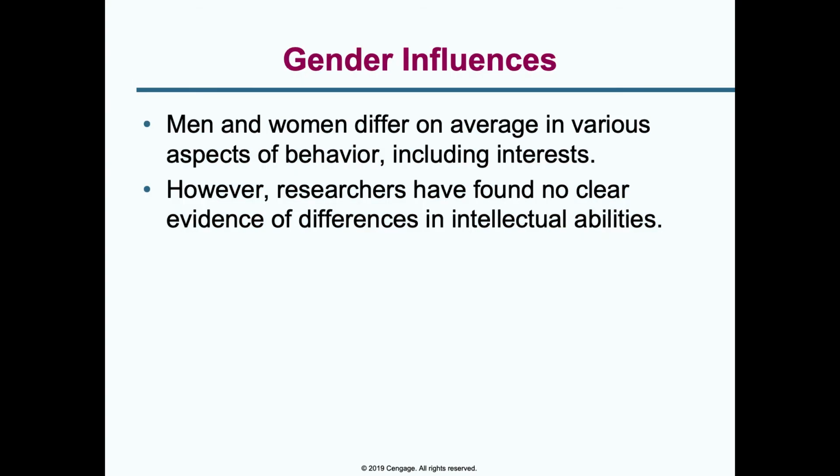Okay, there's an interesting piece on gender influences, where they found a lot of ways that men and women differ in various aspects of behavior, including interests. So there's an interesting section in the book that talks about males and females and behavioral differences. It gives you a whole bunch of information: females are often, on average, better than males at recognizing faces and detecting emotional signals.